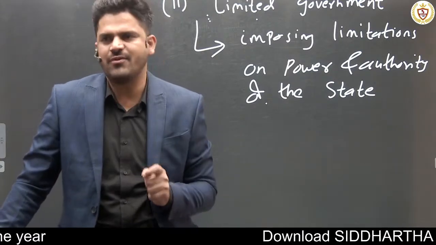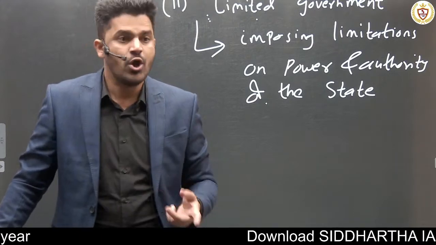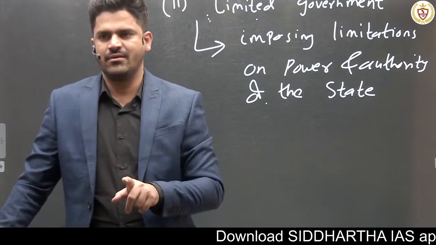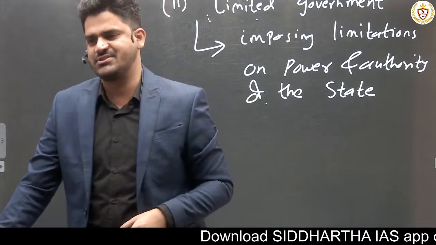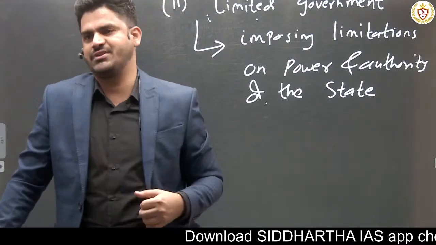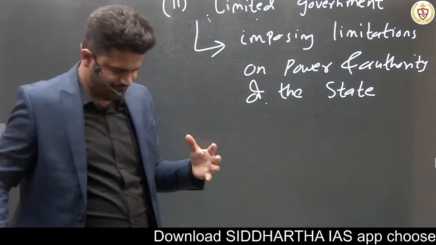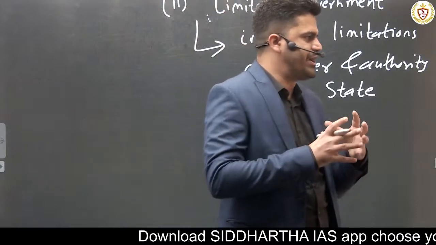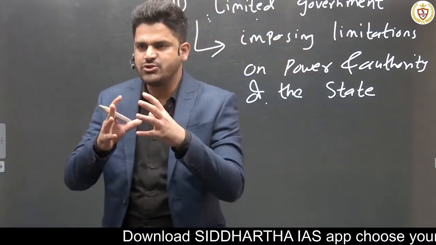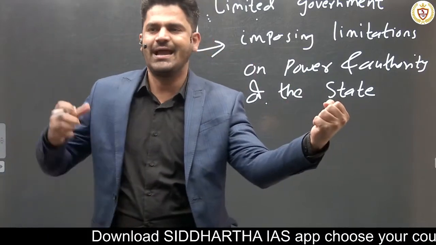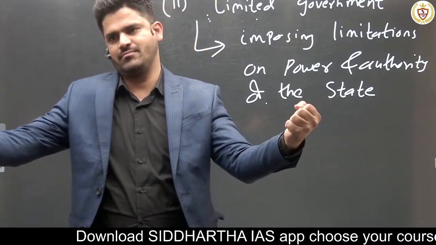The main purpose of fundamental rights is to protect the rights and liberties of the individuals from invasion by the state, from violation by the state. See, there is always a trade-off between the rights of the individuals and the power and authority of the state.